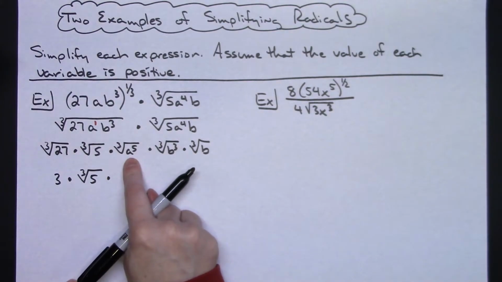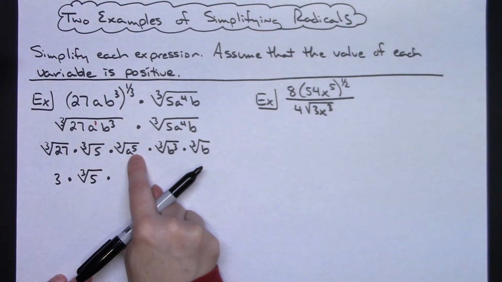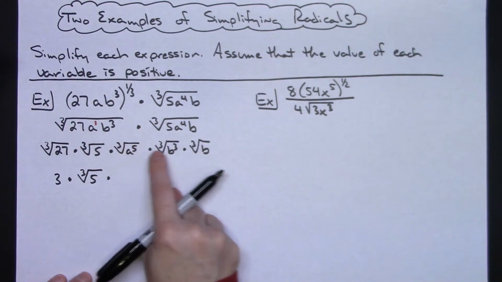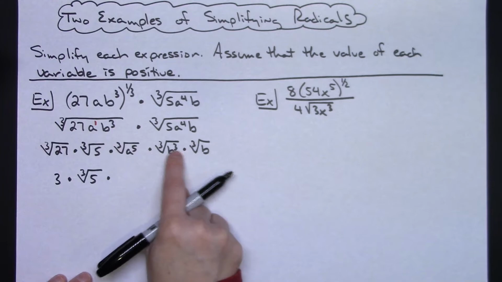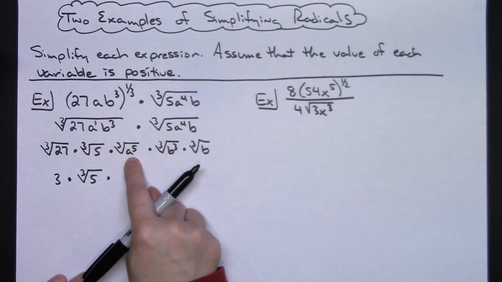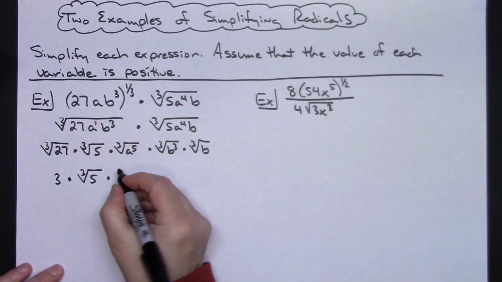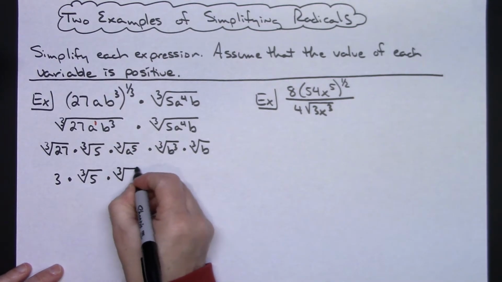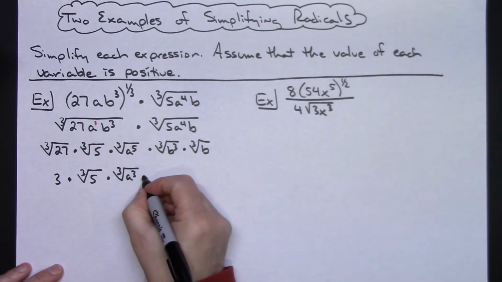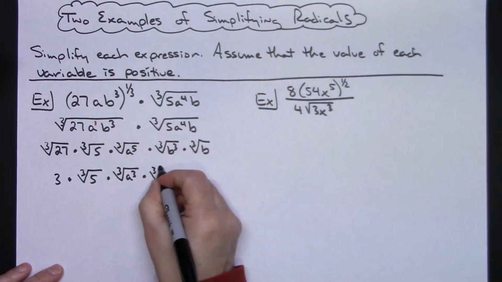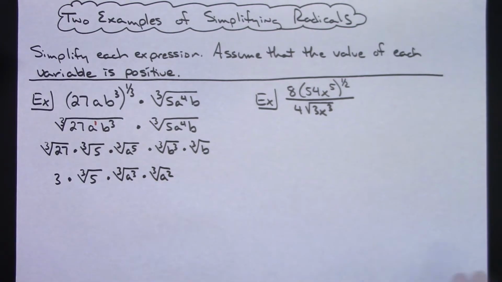Now for my cube root of a to the 5th power here, I've got to see if I can come up with a perfect cube. I have 5 a's there. I know if I had at least 3, just like this one, if I had an a to the third, I would have a perfect cube. That would have 2 a's left over. So I'm going to break this one up into the cube root of a to the third times the cube root of a squared.